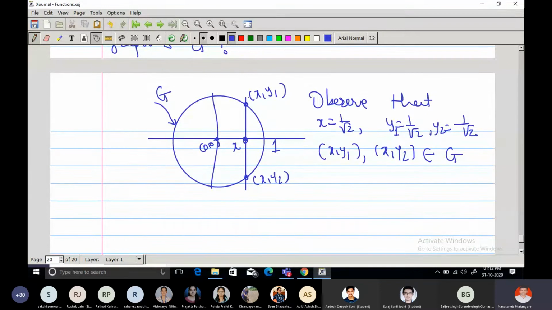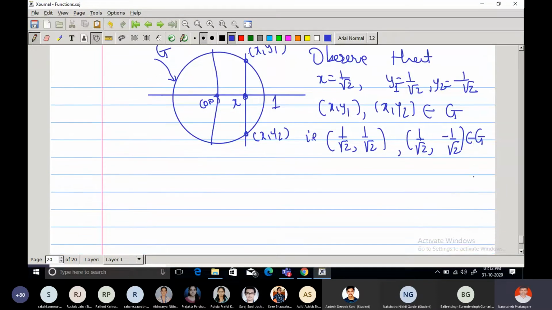Yes, sir. 1 by root 2, 1 by root 2 and 1 by root 2, minus 1 by root 2 both are in G. And this is a relation actually, but this cannot be a function.